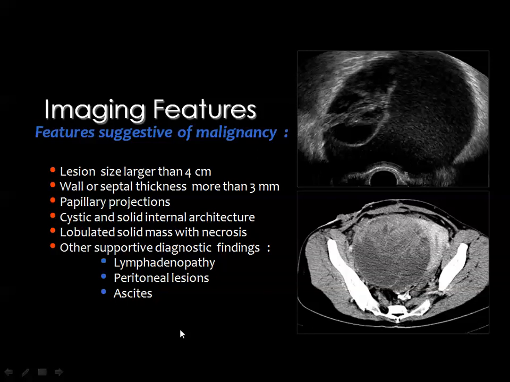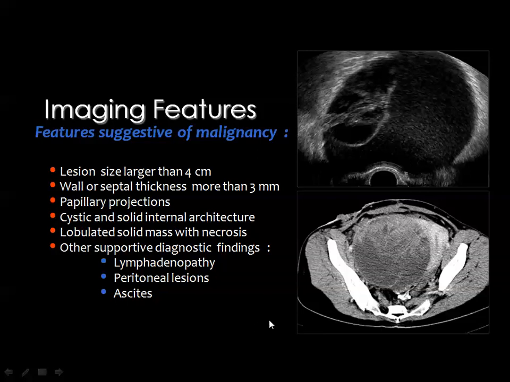Then the carcinomas are usually suspected whenever you see a tumor that is larger than 4 centimeters in diameter, and this is not an issue because most of the ovarian masses are large. Then you have wall or internal septation thickness, and this is also not an issue, but the most important finding is the presence of a solid component or papillary intracystic projections, and this will turn the benign lesion into a malignant one.